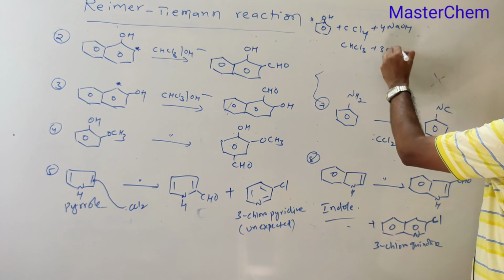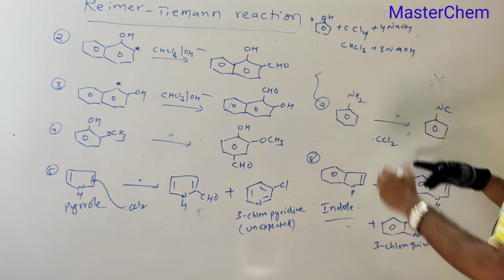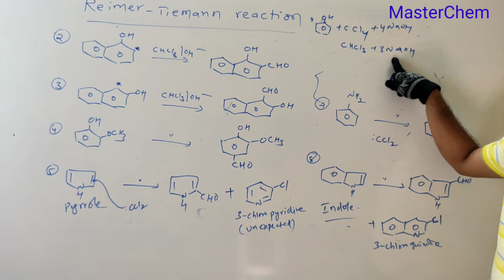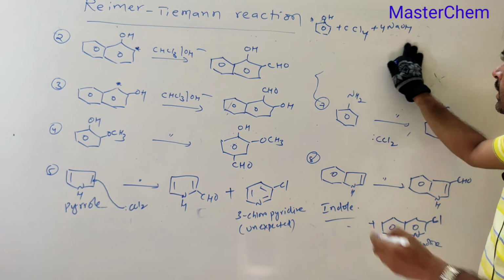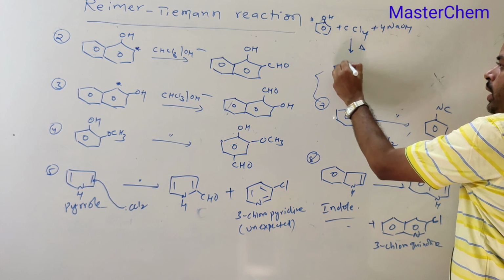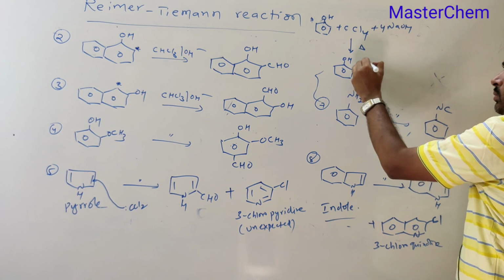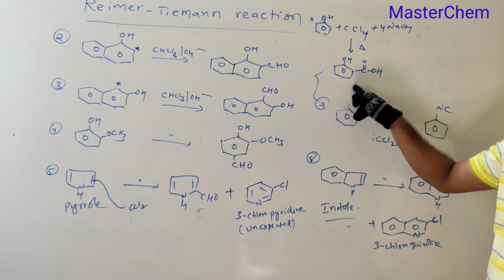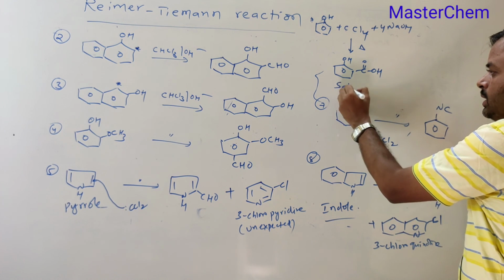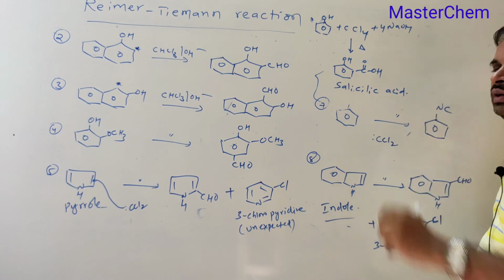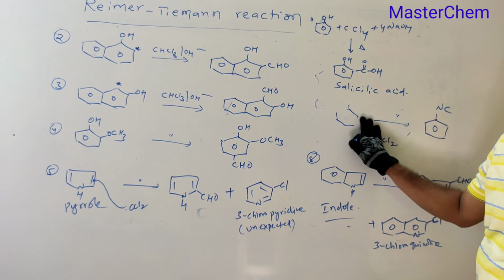CHCl3 and NaOH. Now it is CCl4 and NaOH. In the Reimer-Tiemann case, the product is salicylaldehyde. But in this case, by heating, OH-C6H4-COOH is formed, ortho-hydroxybenzoic acid. This is also called salicylic acid.